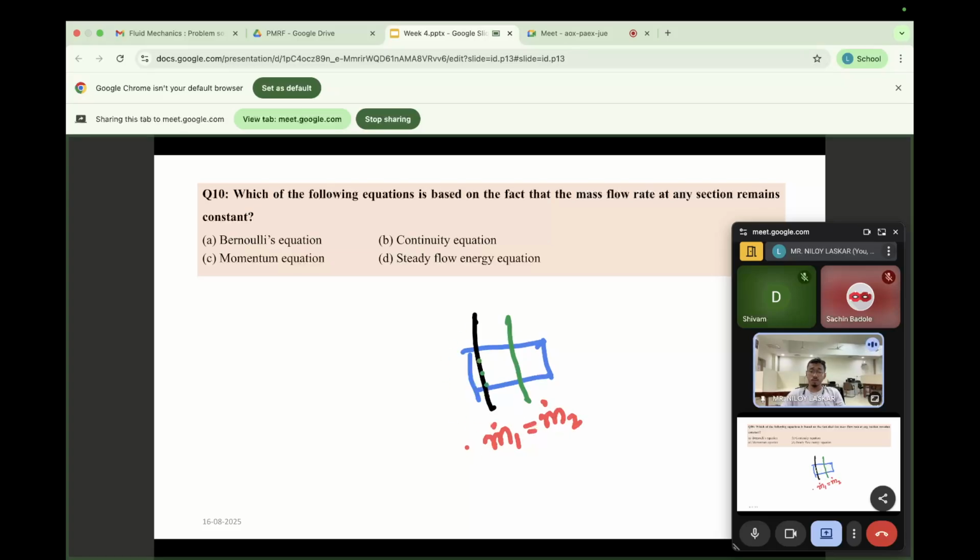That is the concept. That's why this option is the continuity equation: the mass flow rate at any section. So in the black section, if the mass flow rate is m1 dot, in the green section it should be m1 dot.